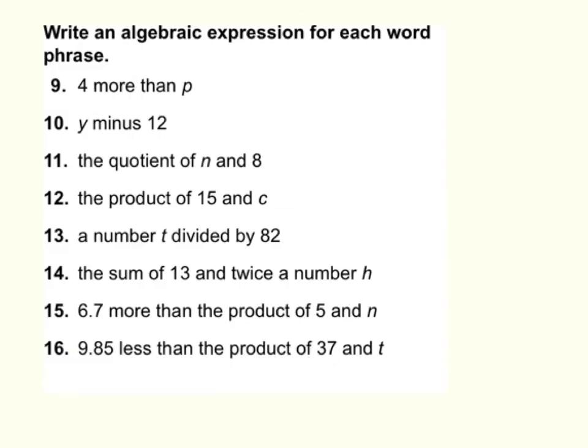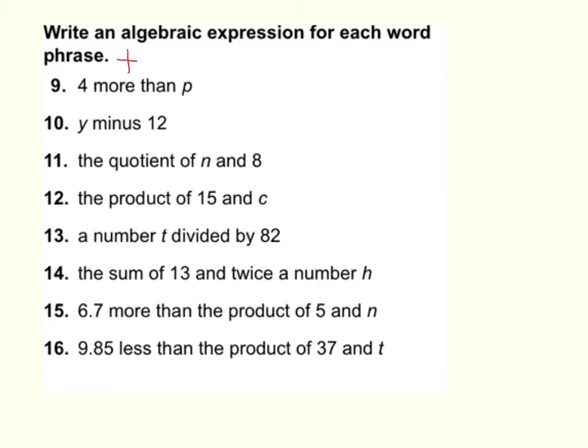Let's actually do some examples. What we want to do is take algebraic expressions, remember, expressions have no equal sign, and write the expression from the words. We're given the words 4 more than P, and we want to put an operation symbol in there. More than isn't on our chart, but more than is addition.